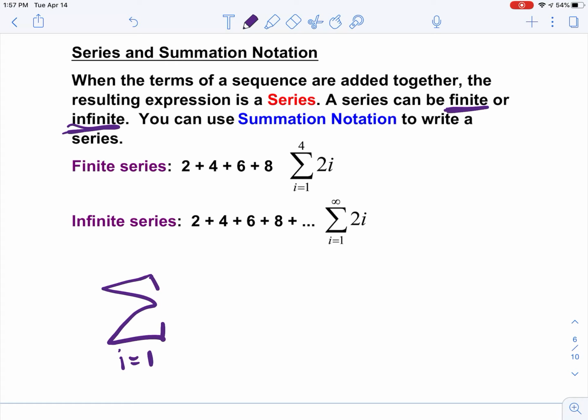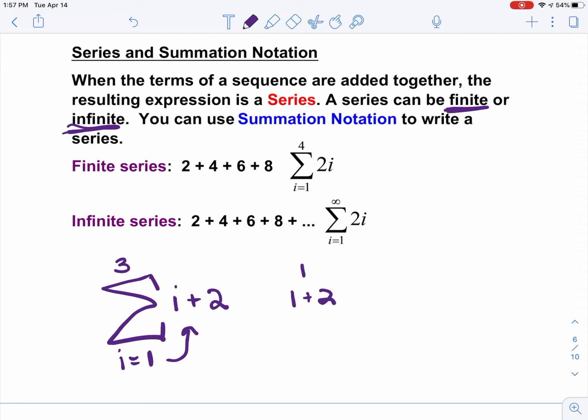Over here, it might be i plus 2, okay? And then I'm going to put in a number up here, and if I put in a number, that means it's going to have an ending term. It's finite. So to get this sequence, I would put these numbers in, and I'm going to go from 1 all the way to 3.